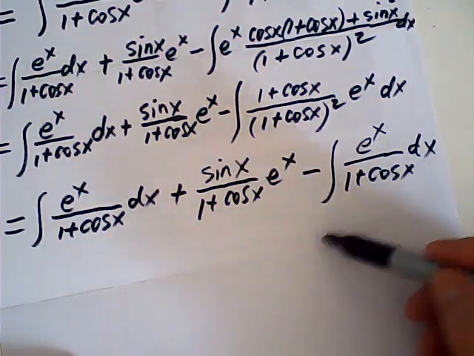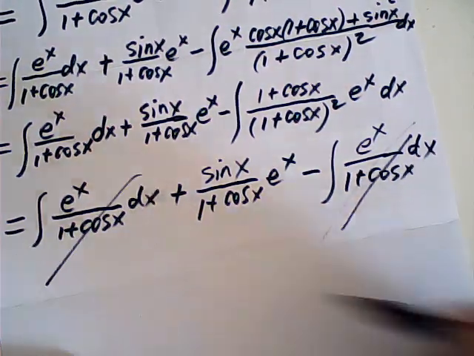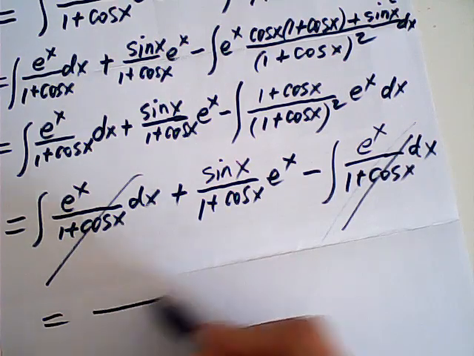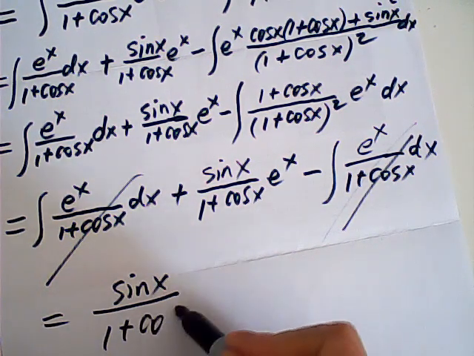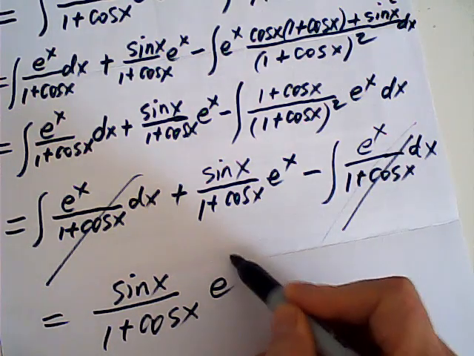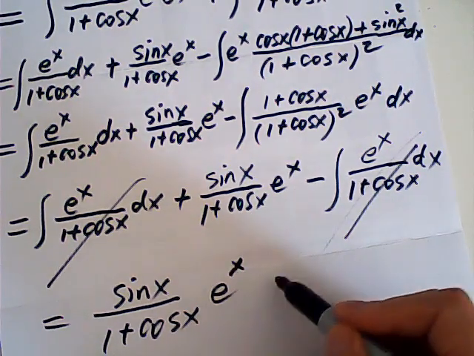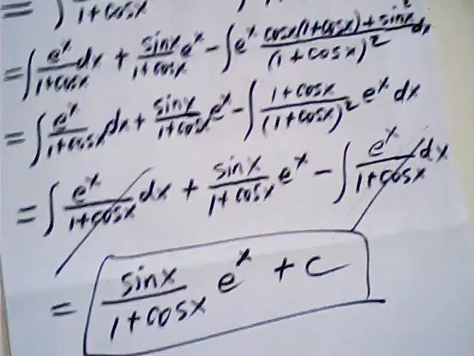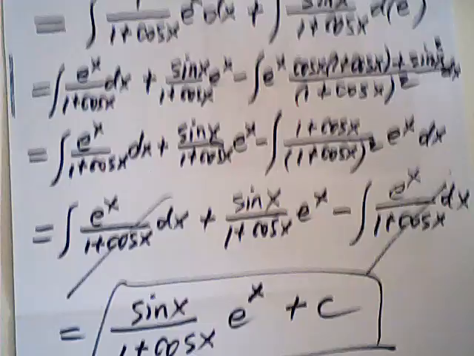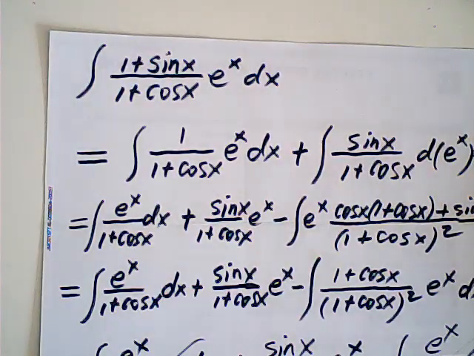Well, that one cancels with that one, this one cancels with this one. So the result is sine x over 1 plus cosine x, e to the x, plus c. Okay, so that is the result for my integral.